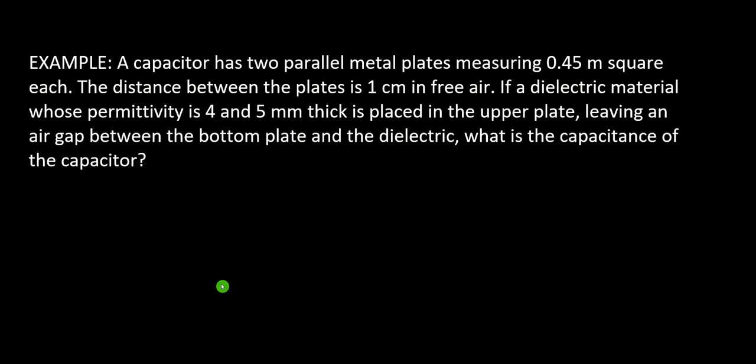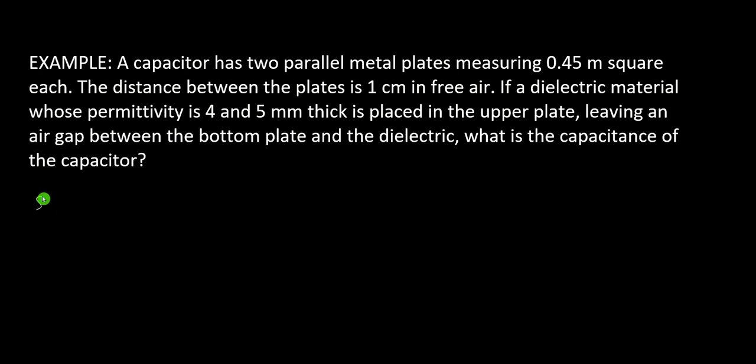A dielectric material whose permittivity is 4 and 5 millimeters thick is placed on the upper plate, leaving an air gap between the bottom plate and the dielectric. What is the capacitance of the capacitor? So, solution.